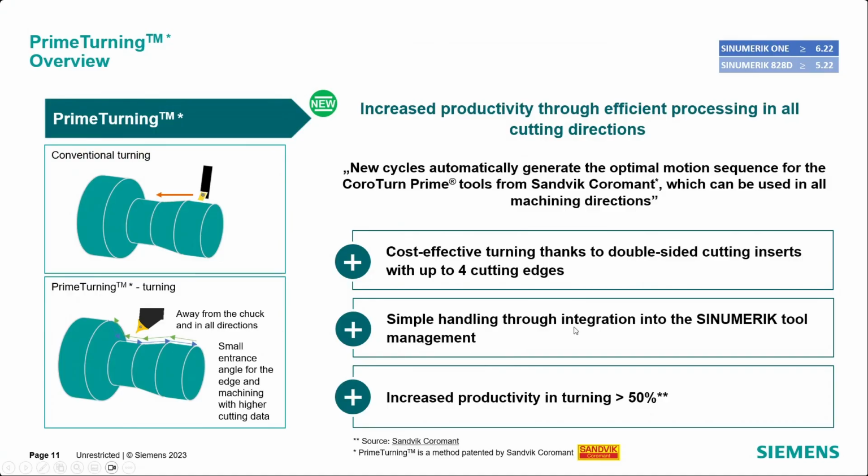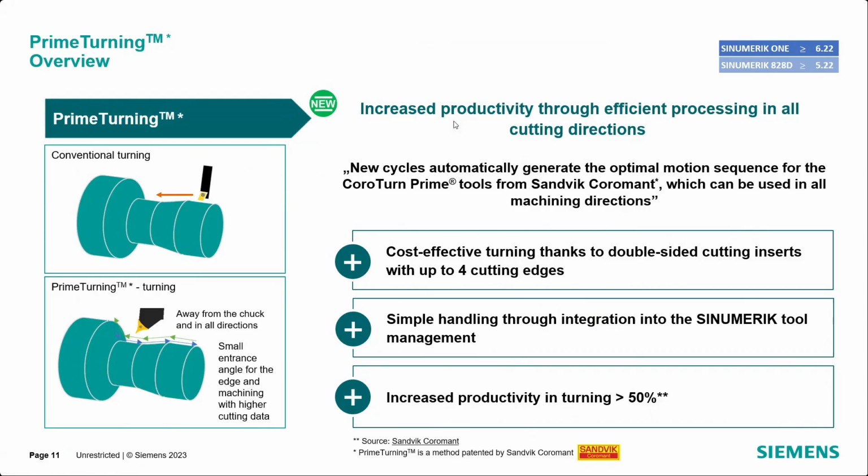So a little bit cost effective because you're going to be able to go faster, a 50% reduction in cycle time. We have the ability of having the same amount of edges that you would, and you are able to go a lot faster.